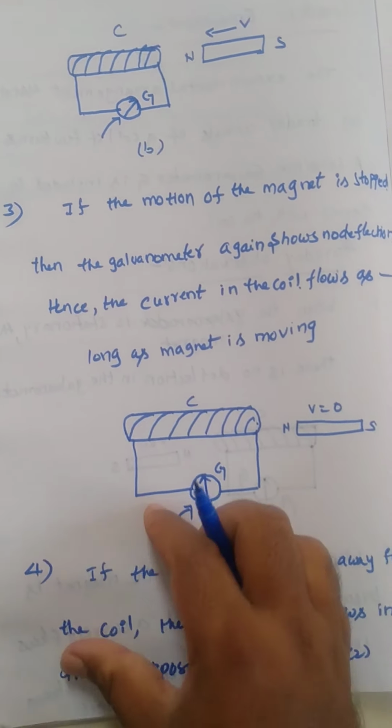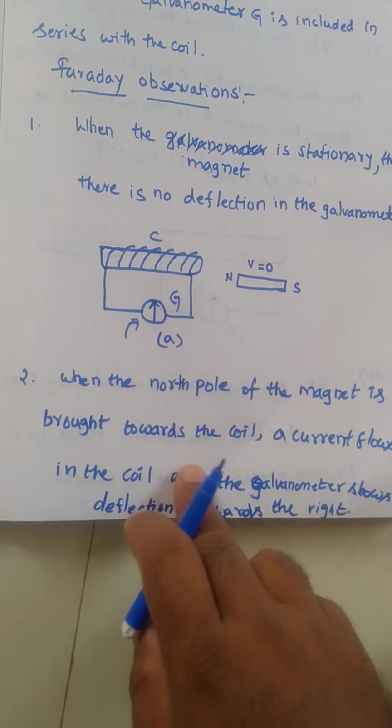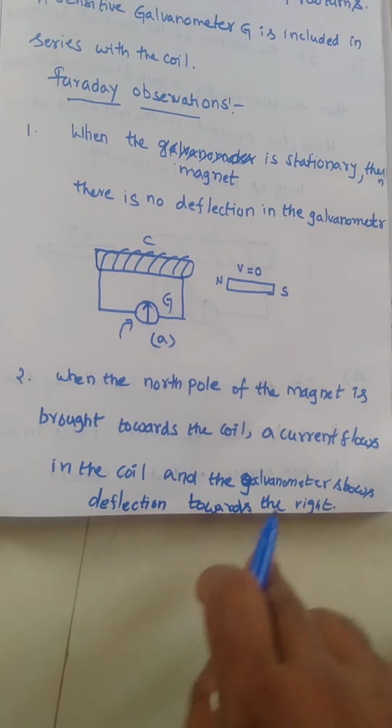See, in case 2 what we discussed, when the north pole of the magnet is brought towards the coil, a current flows in the coil and the galvanometer shows deflection towards the right.